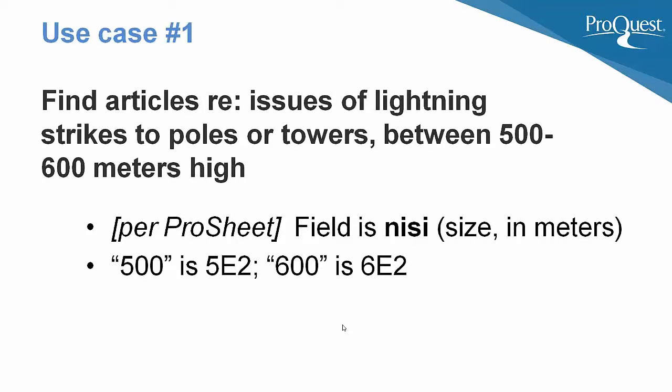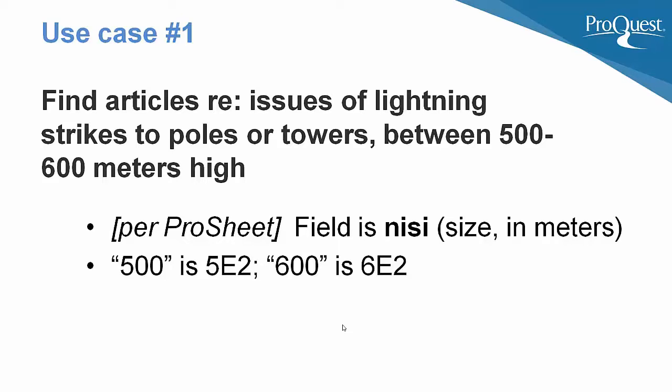So let's start with the first of the 3 sample searches, or use cases, that we'll be doing today. Let's say that we want to find articles about issues of lightning strikes to poles or towers of a certain height, and we're going to choose between 500 or 600 meters of height.